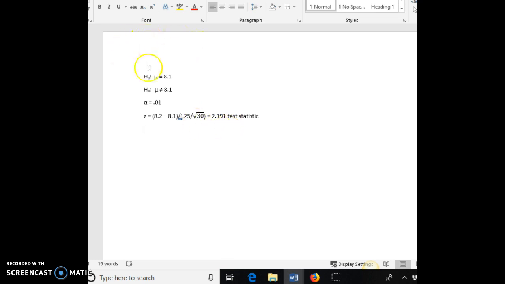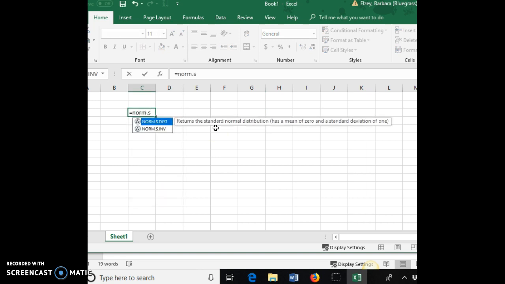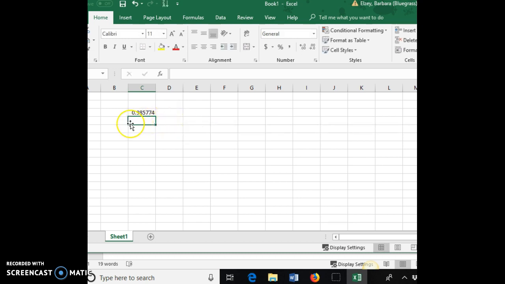Let me go ahead and open Excel and we're going to put that in. In Excel, we're going to type in equal norm.s.dist, and we're going to put in 2.191 and the word true, and we get 0.985774.